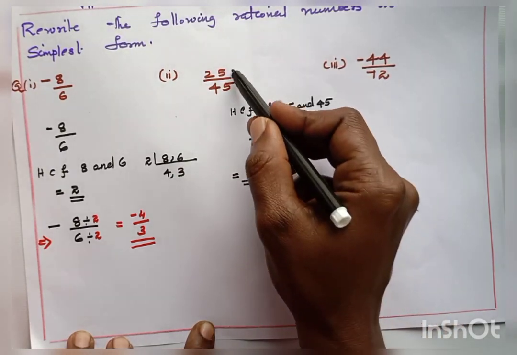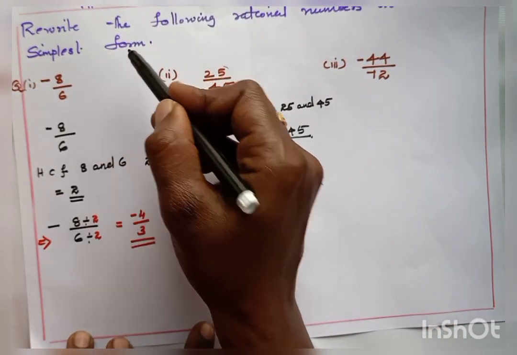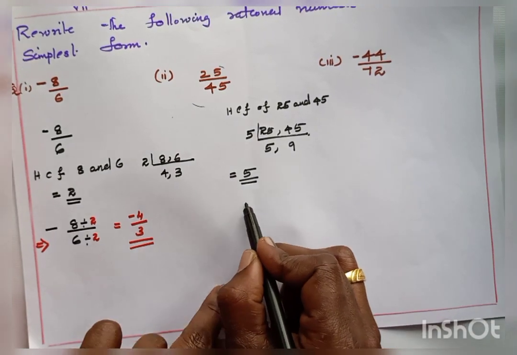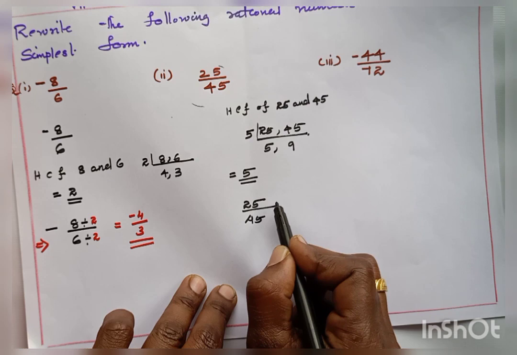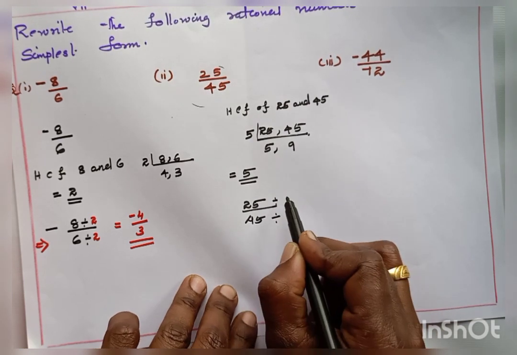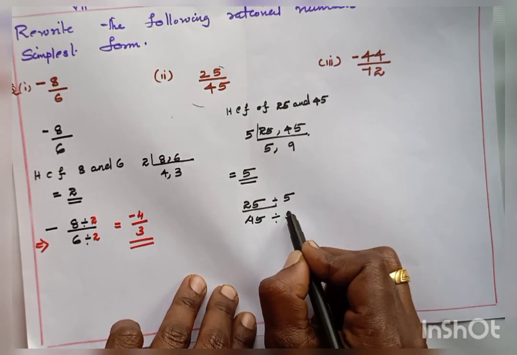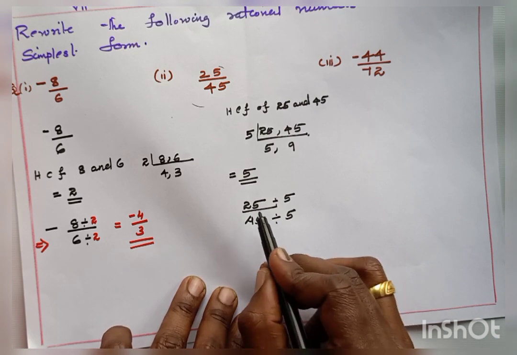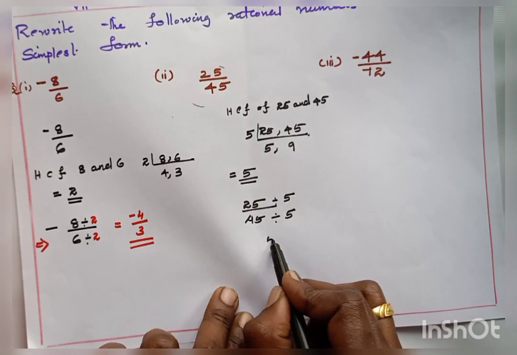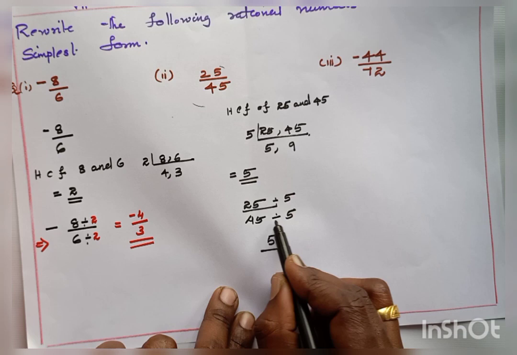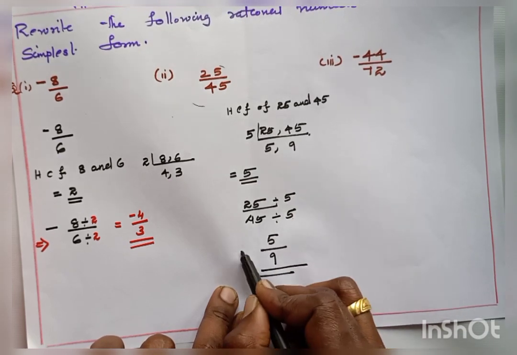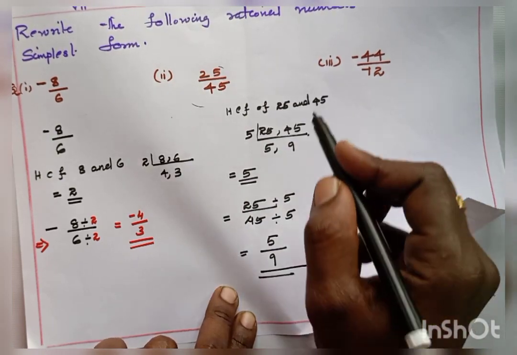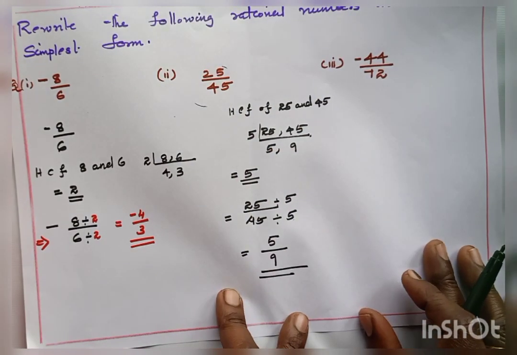Then to change this into simplest form or standard form, divide both numerator and denominator by the HCF of 25 and 45. So 25 divided by 5 is 5, and 45 divided by 5 is 9. So 5 by 9 is the simplest form of 25 by 45.